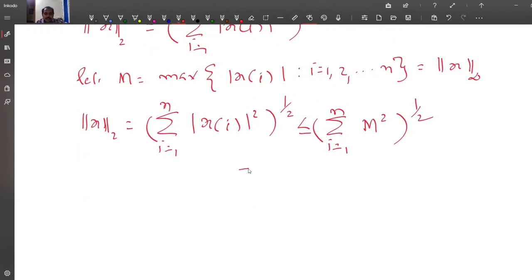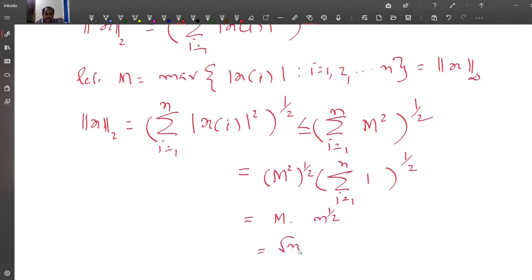So this is (m squared) raised to 1 by 2 into (sigma i equals 1 to n of 1) raised to 1 by 2. So this is m into n raised to 1 by 2. So this is root n m. That is equal to root n into m, which is the sup norm of x.